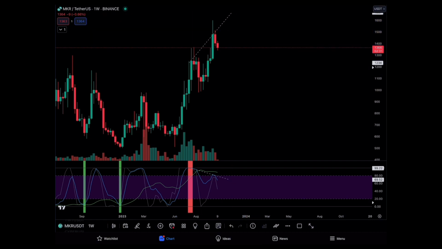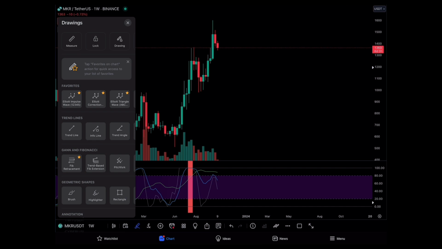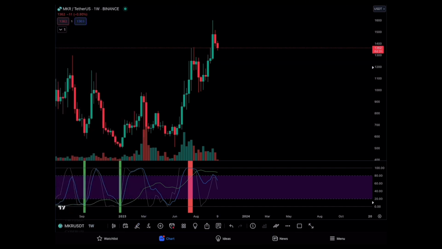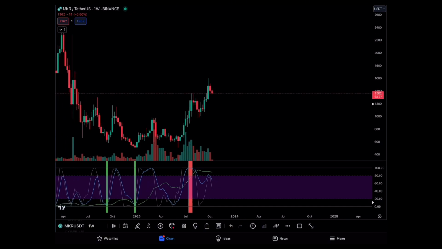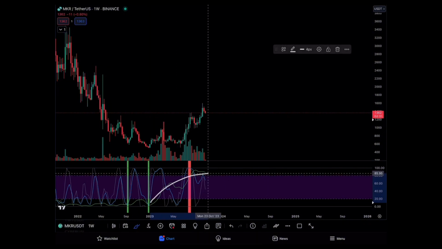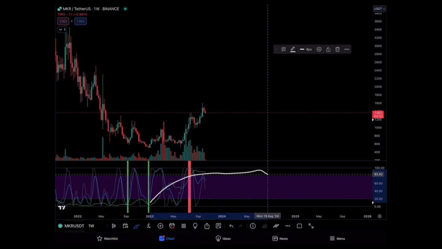This could be either reversing here, or it's going to correct for a while before it goes further up. If you look at this time frame, you can see that the stochastic wave is still relatively early, like we're somewhere here. It could either continue horizontal and then drop, or just drop.